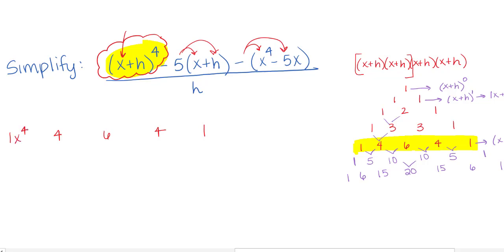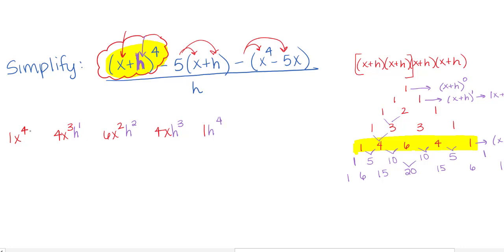So that'll be x to the fourth. The next term will have x cubed, then x squared, then x, and then no x. Then our second term in that binomial, in this case h, will be ascending in terms of powers as I look through. So no h's, h to the first, h to the second, then h to the third, and then h to the fourth.